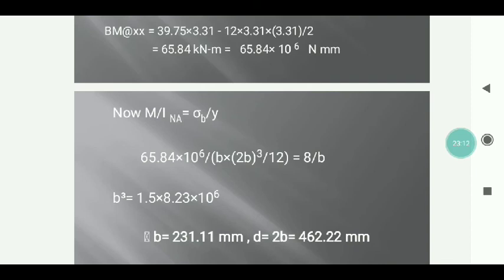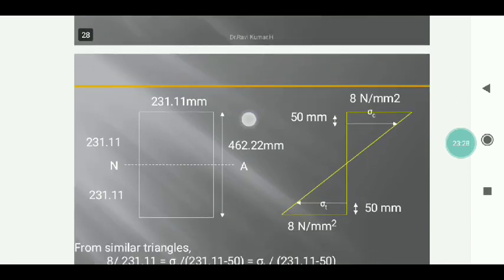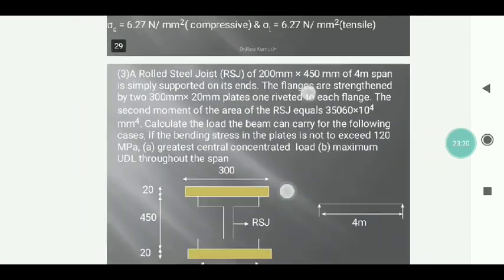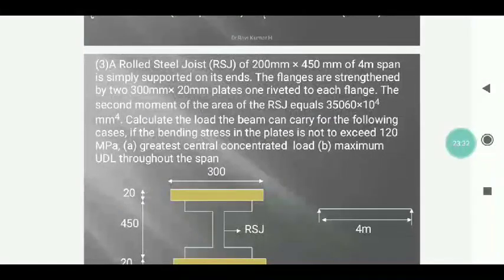So hence you will be getting the value of b in this problem, and in the solution d is given as 2 times b. So this is 462.22 Nm.